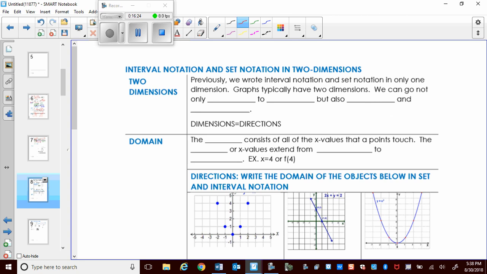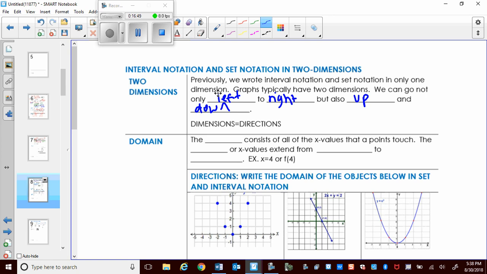So, interval notation and set notation in 2 dimensions. Previously we wrote interval notation and set notation in only 1 dimension. Graphs typically have 2 dimensions. Left to right, and up and down. 2 dimensions means 2 directions.